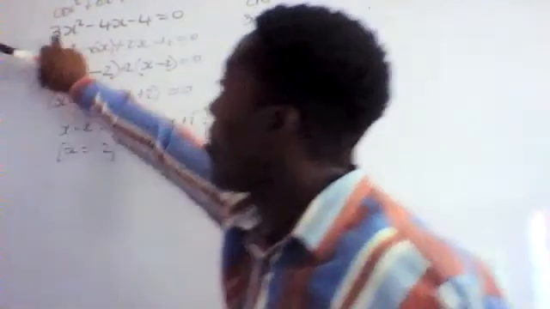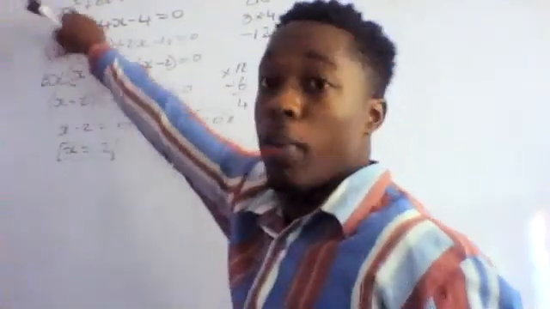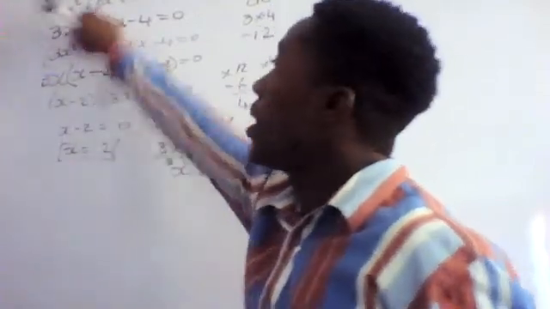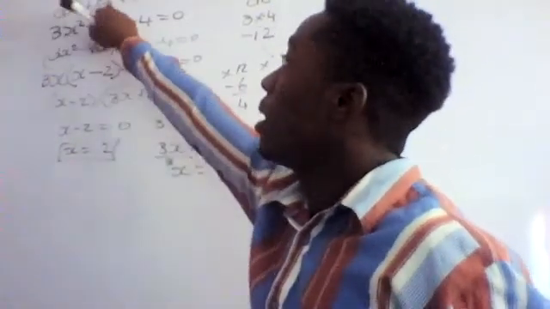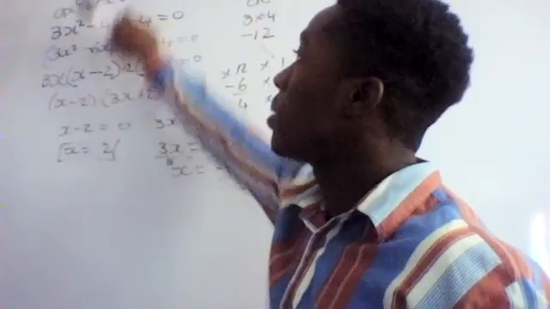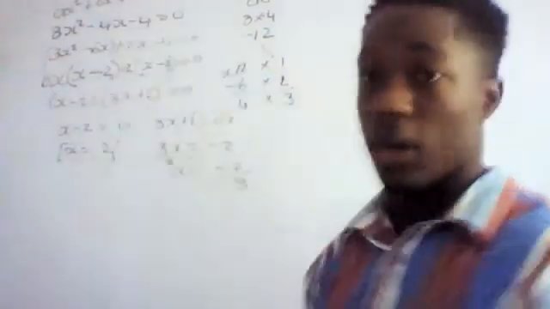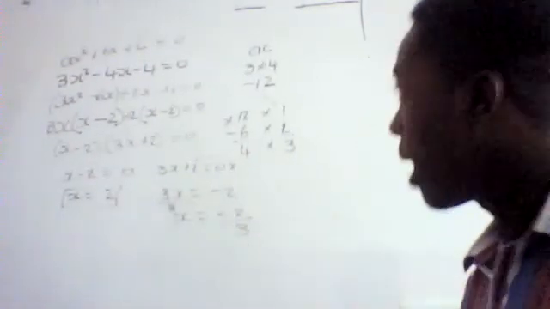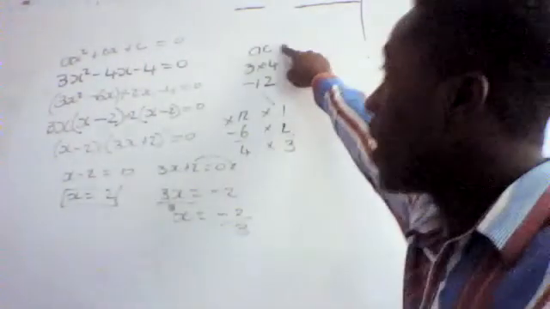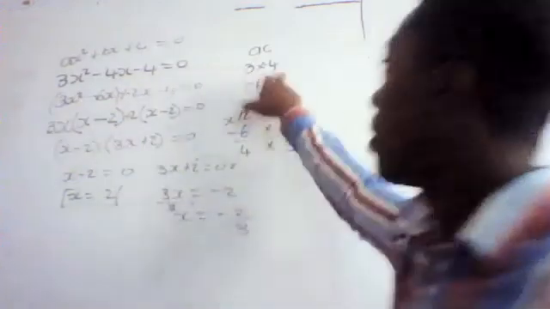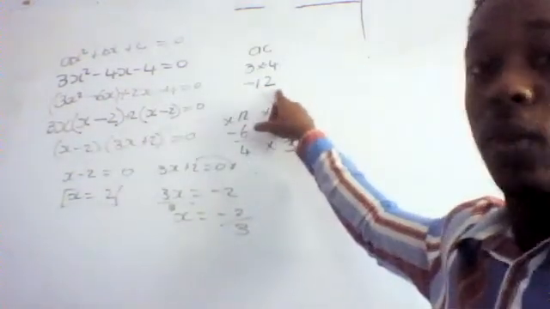Therefore, A represents 3, the x squared represents x squared, B represents -4, and C represents -4. Now, when we find the AC, which is 3 times -4, we get -12.